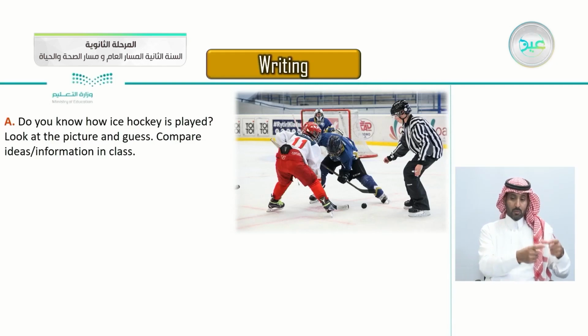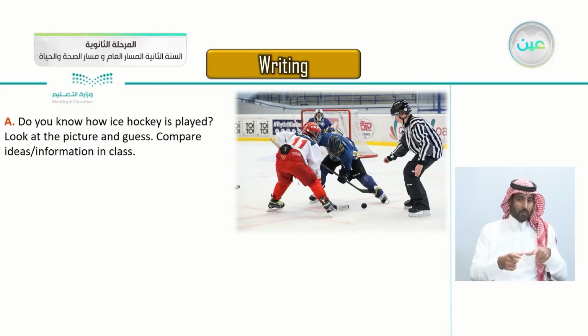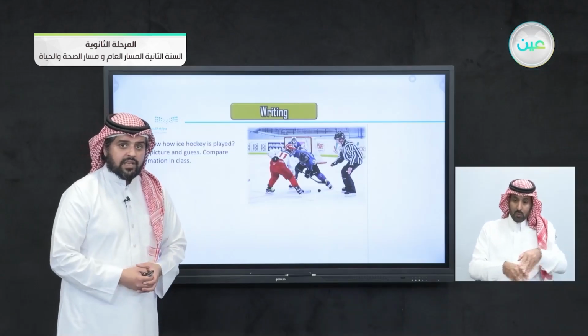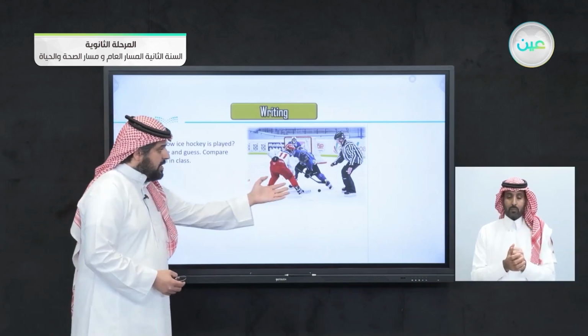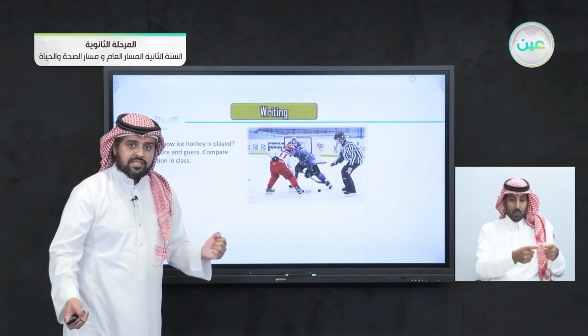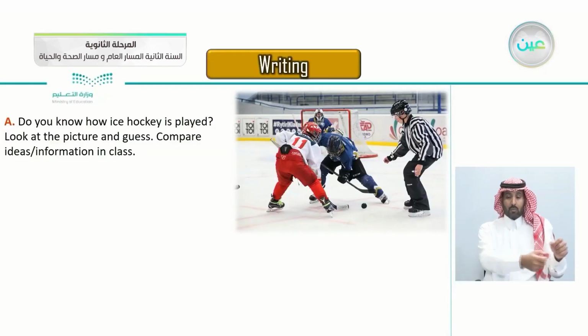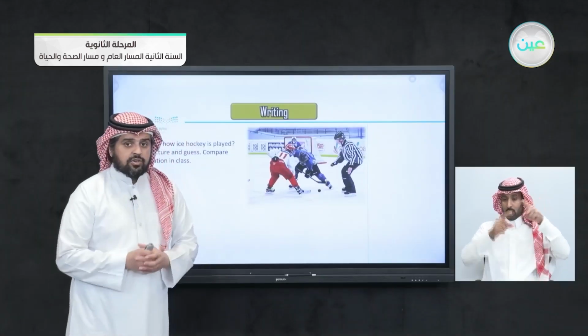Do you know how ice hockey is played? Look at the picture and guess. So try to guess. How is it played? When they play hockey, what do they do? When they are skating throughout the rink, what do they do? You can see in the picture here, they're carrying some sticks and they're chasing a black object. And in the background, you can see there's a net or a goal.